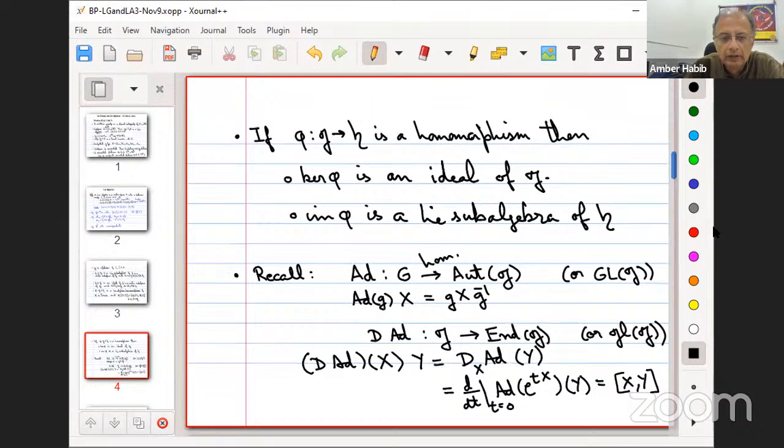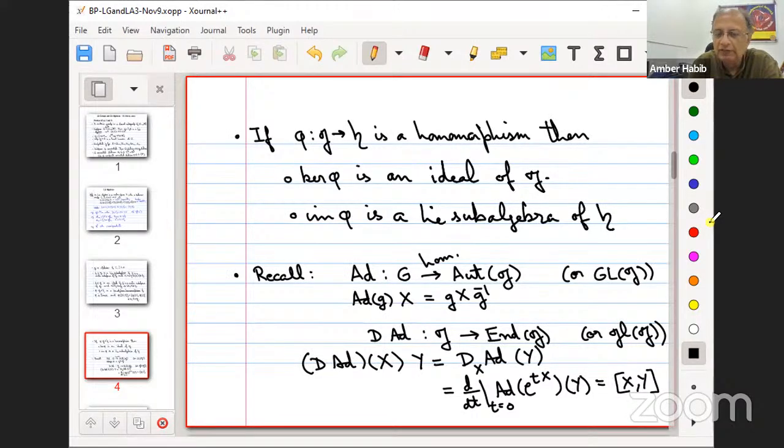Okay. Now I ask you to recall, I will recall it for you, something from the very end of the second lecture. I defined this map called the adjoint map, written with a capital A. This is a map from the matrix group to the automorphisms of its Lie algebra. These are vector space automorphisms. Defined by Ad of some g.